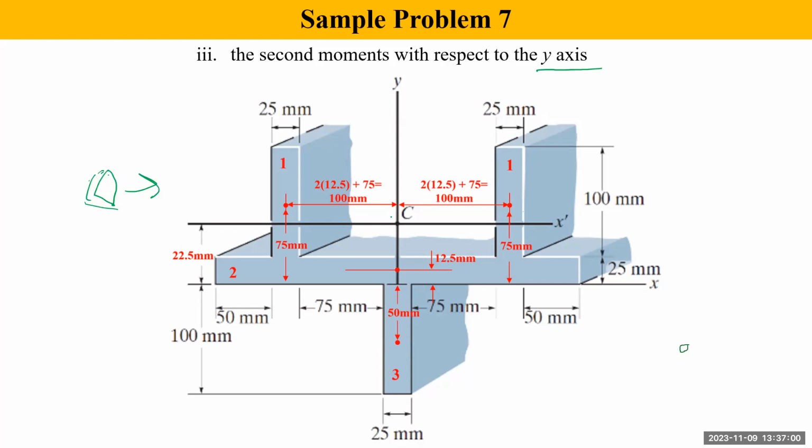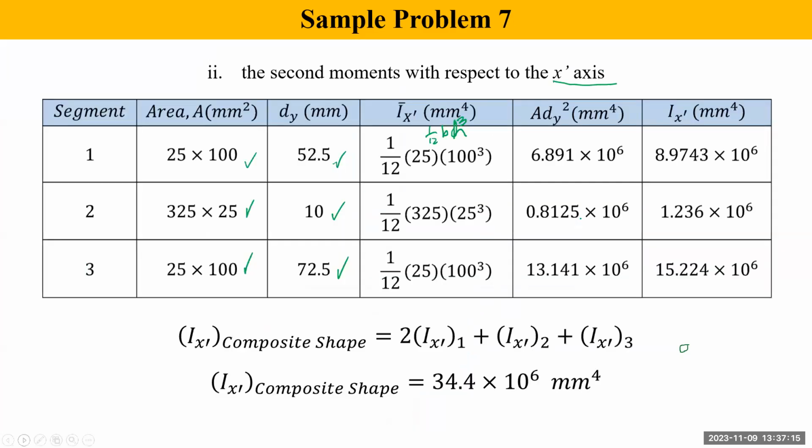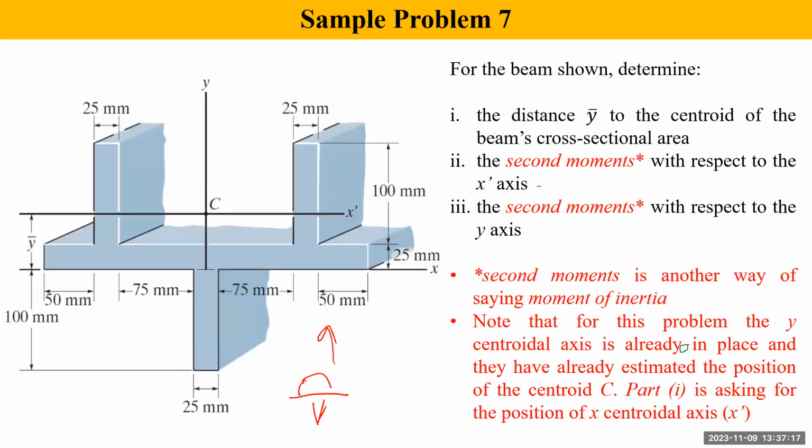You're told one thing about the y-axis, that it is in the center of the figure and it makes the figure symmetrical. So they're telling you that this half is equivalent to that half over there. You remember? Let me just show you this slide and what it says. It says here, the second moment is another way of saying the moment of inertia.